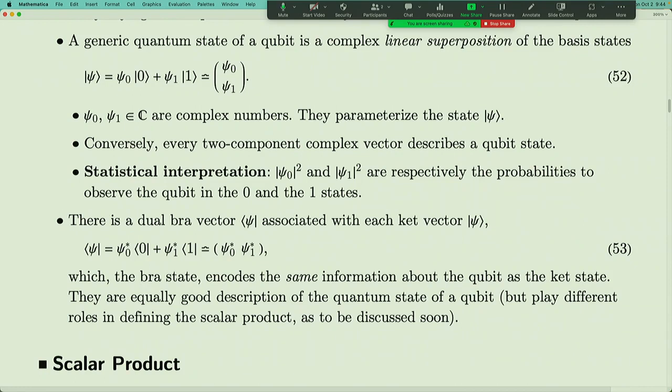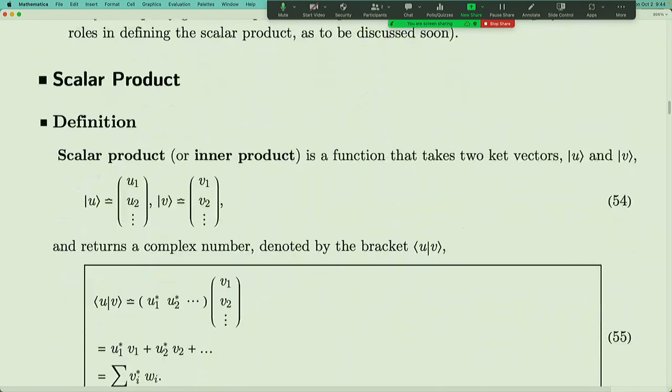So in this linear combination formulation, you also need to complex conjugate the superposition coefficients. Okay? This bra vector encodes the same information about the qubit as the ket vector. They are equally good descriptions, but they play different roles in defining the scalar product, as we will soon discuss, maybe next time.